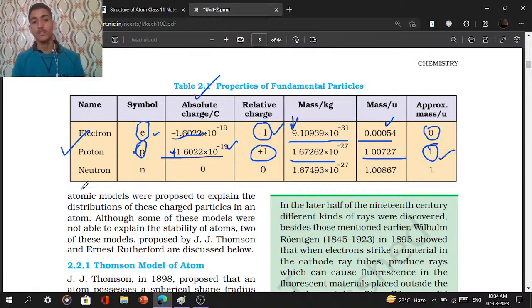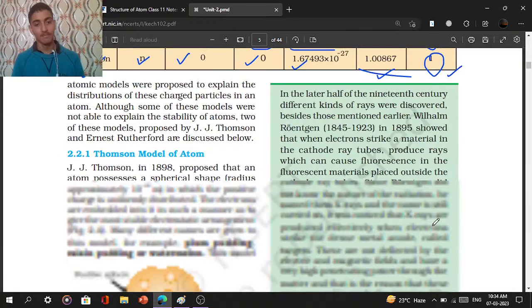Neutrons have absolute charge 0, relative charge 0, mass 1.67493 into 10 raised to power minus 27, and relative mass 1.00867, approximately equal to 1.